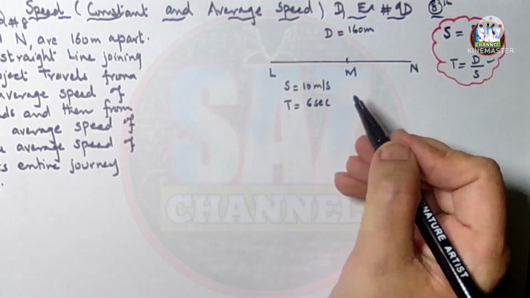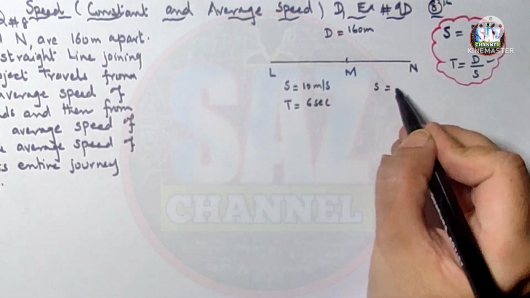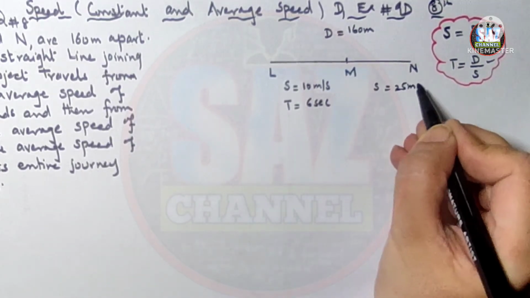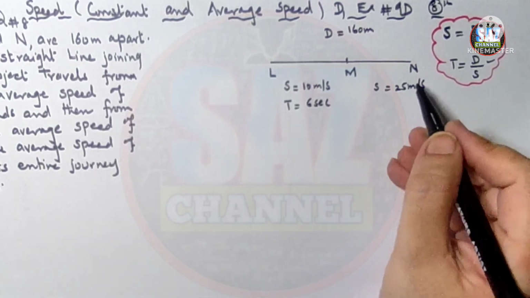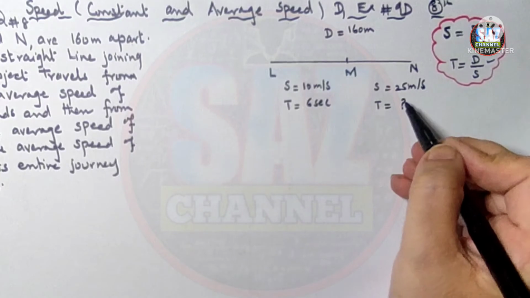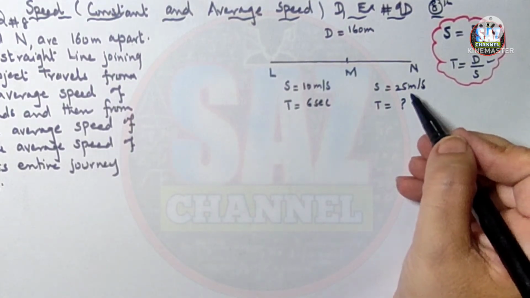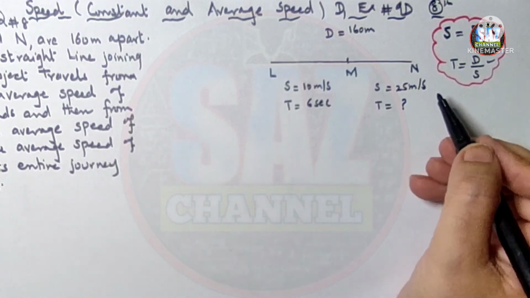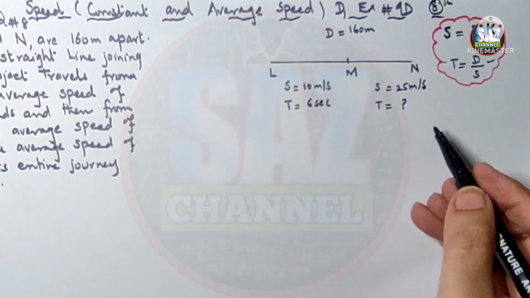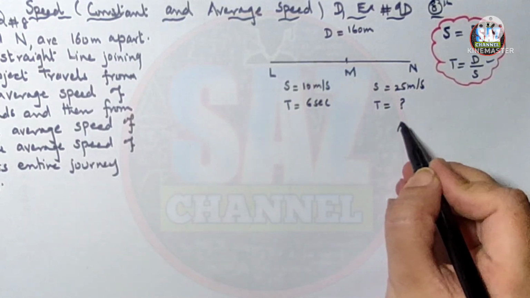From M to N, the speed is 25 meters per second, and time we do not know, how much time the object is traveling from M to N. And we have to find the average speed for the entire journey.